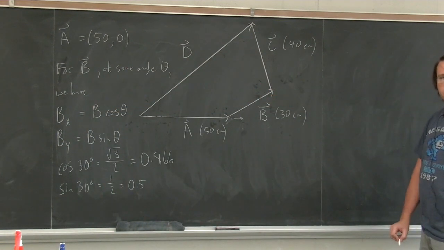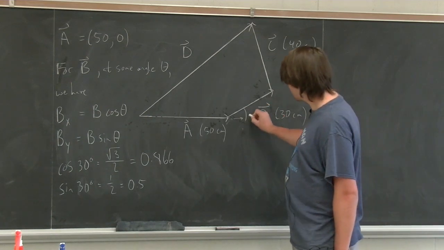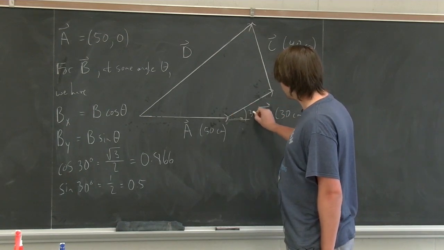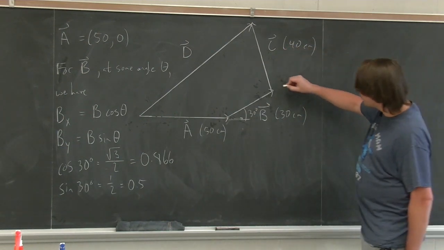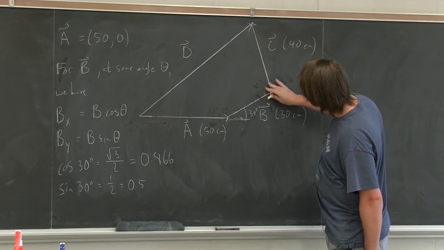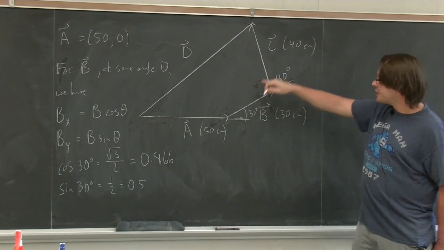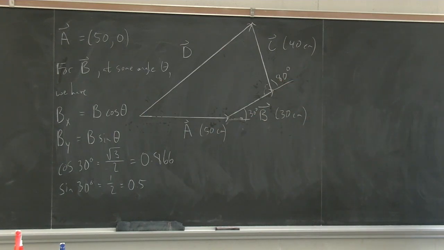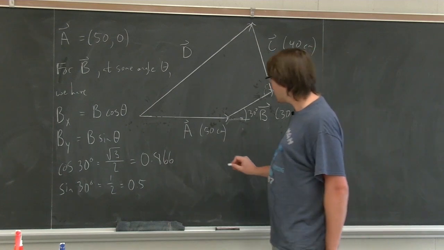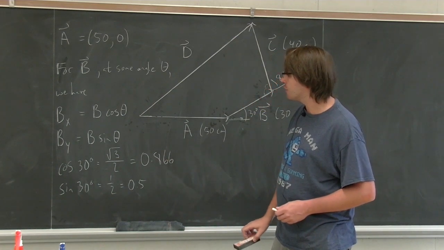Yep. You want to show where theta is on the... So this is the angle theta, 30 degrees. And then the angle here is 80 degrees, which means that the angle of C to A is 30 degrees plus 80 degrees, which is 110 degrees. Okay, so for the components of B, I'm just going to erase the work that I just did so that I can write it.